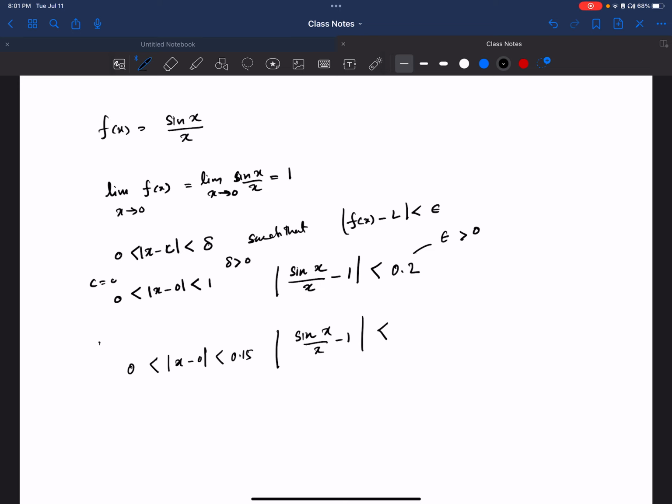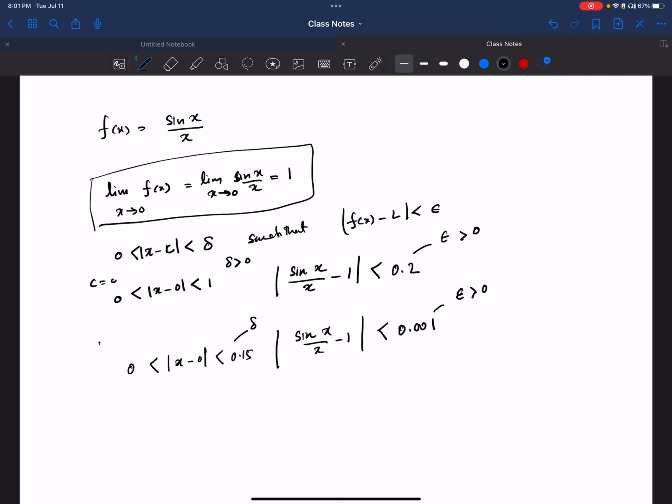So the magnitude is even smaller than this, right? So you found another epsilon greater than 0. For any delta that you pick, you find an epsilon, right? So that means this limit holds, right?